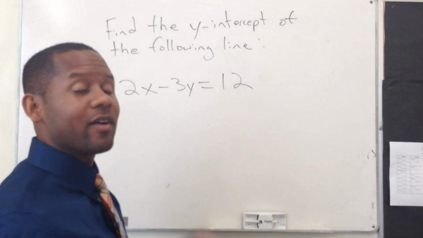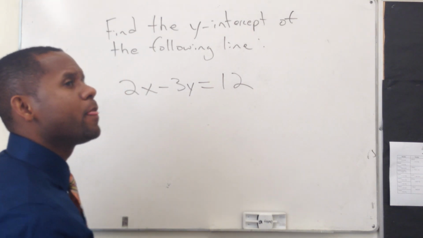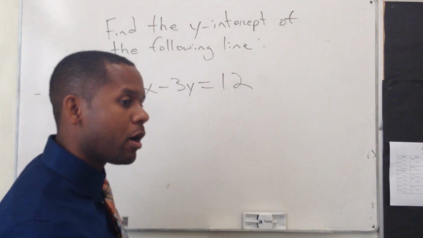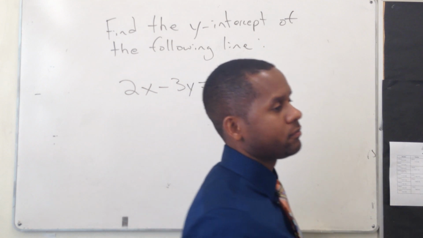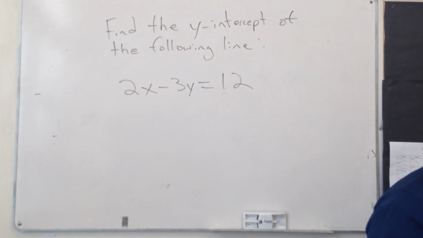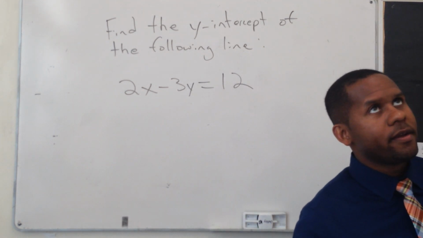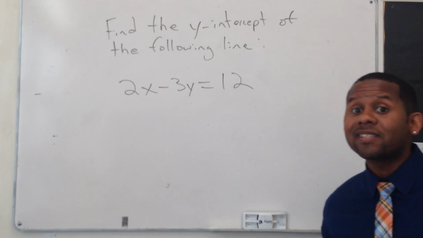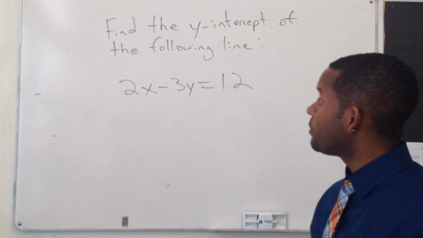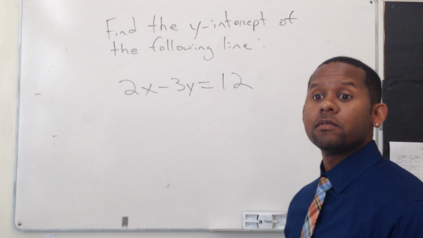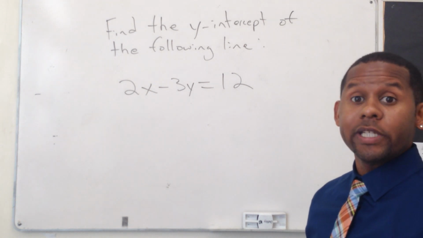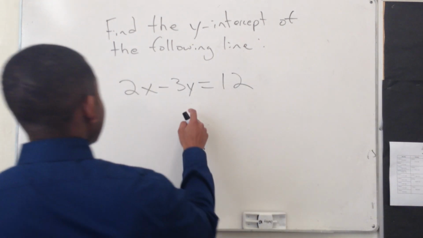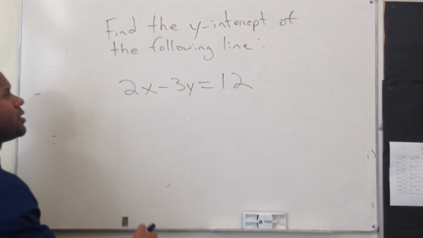Well, I don't need to graph this. Think back. What information do I know about y-intercepts? What did we just say about y-intercepts? In your head you should be thinking, oh yeah, I remember. On a y-intercept, x always has to equal 0. Sweet. Then use that. I want to know the y-intercept.